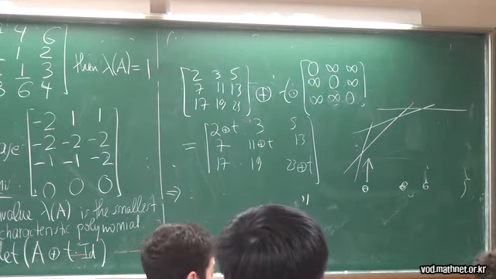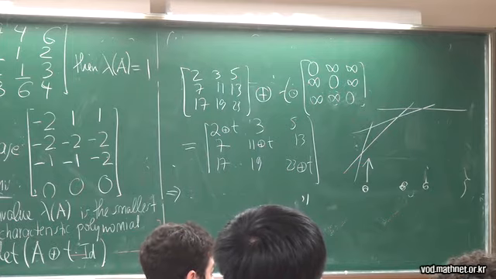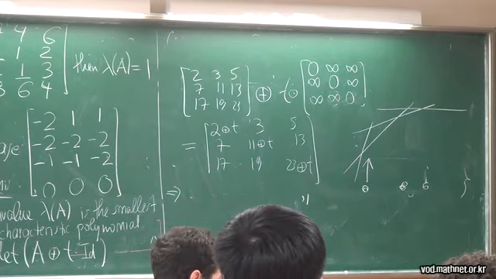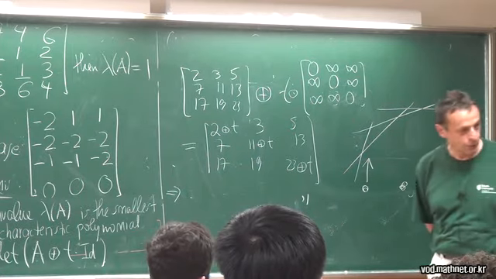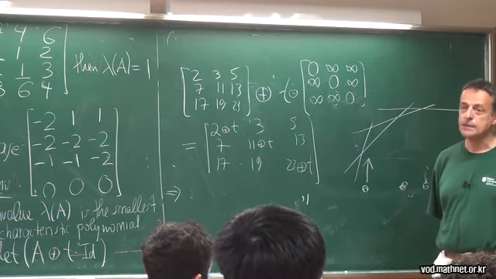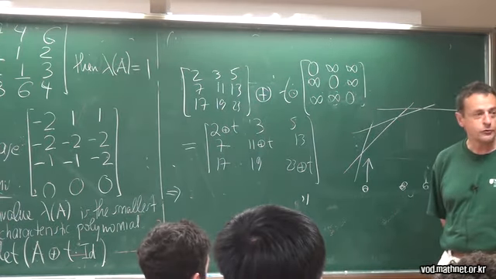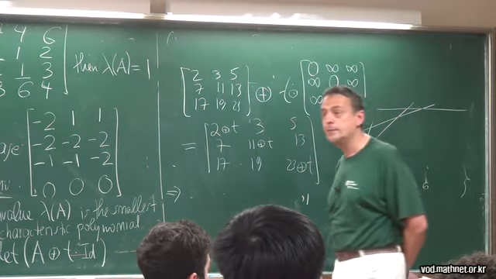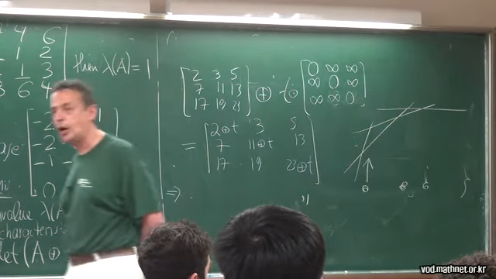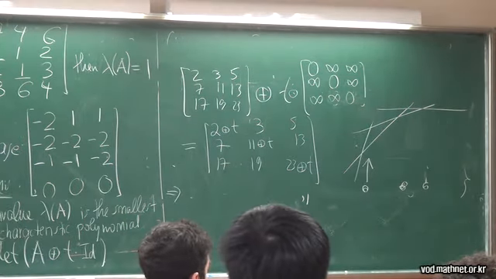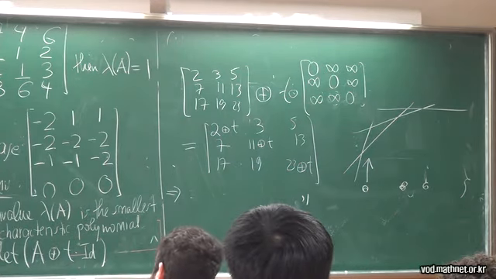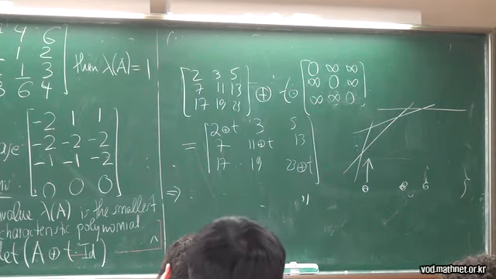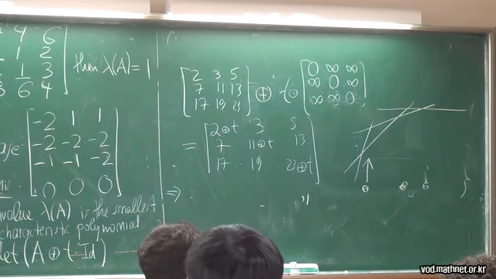Yes. The tropical determinant of a square matrix is the minimum over n factorial classical sums. It's the solution to the assignment problem. If you have an n by n matrix, think about a company that has n jobs and n workers. There's a cost, Aij, associated if worker i does job j.